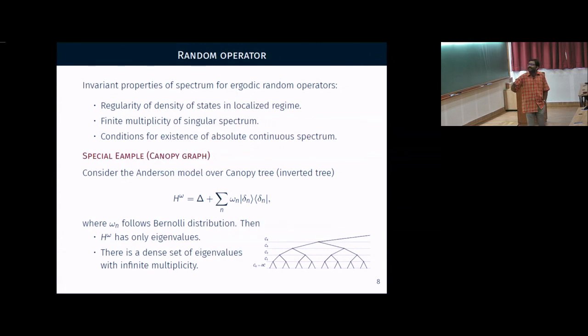As a special example, let me tell you something that is not normally seen by most people. This is a simple Anderson model over a graph, in this case an inverted tree. If we take our random variables to be Bernoulli, then you can show that the operator only has eigenvalues.